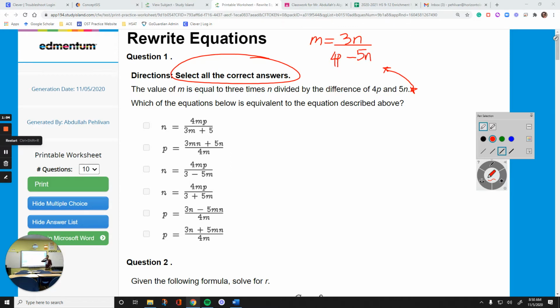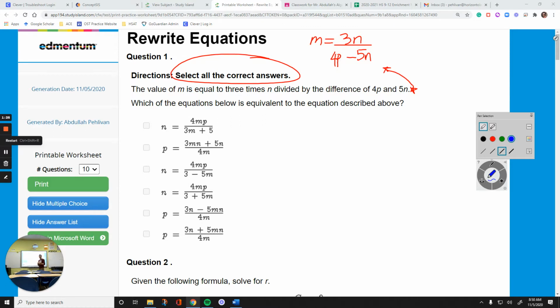So that's what I have originally. Now let's see if I can end up with the answers. 3 of them are solved for p, and then 3 of them are solved for n. So I'm going to solve this for p first.